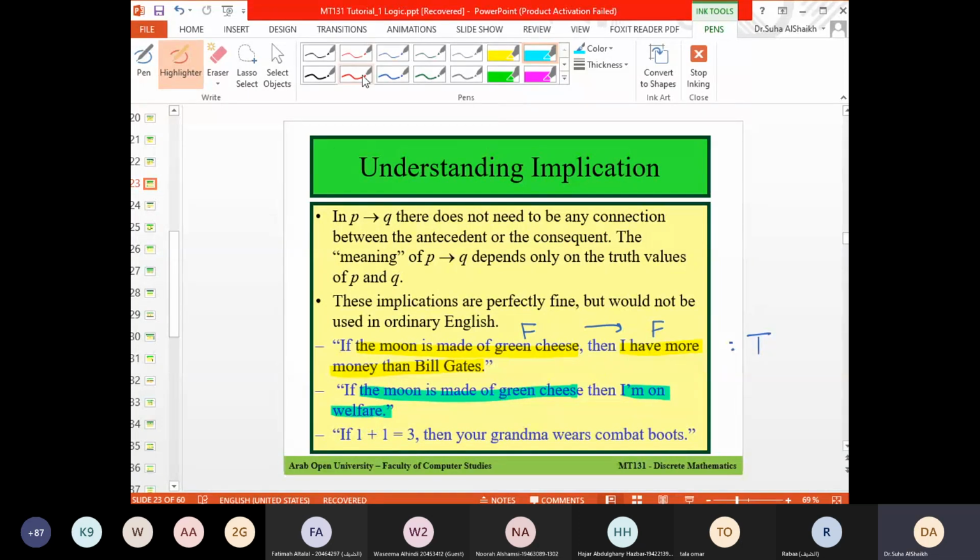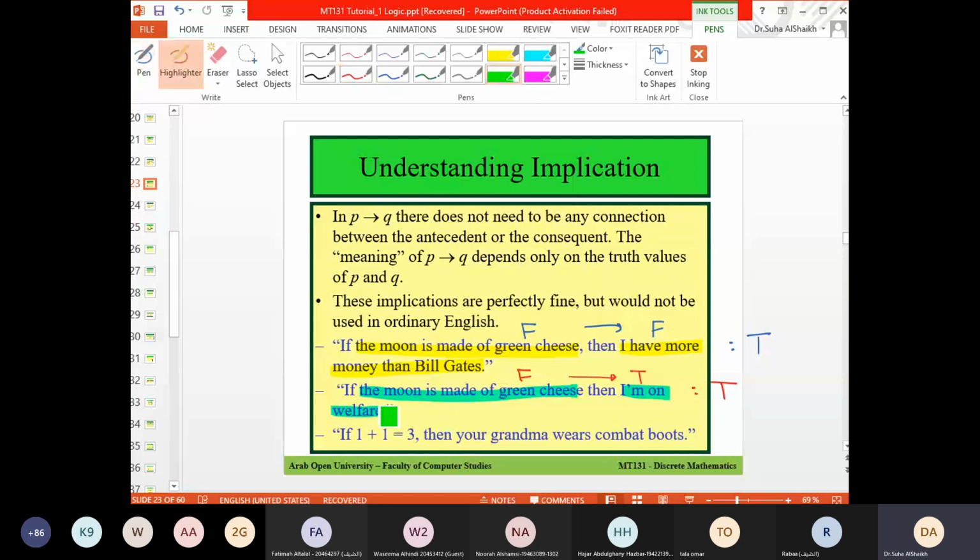So the moon is made of cheese. Is false. I'm on welfare. Is it true? الحين false رايح للtrue. Is it true or false? welfare يعني good person أو طيب. Good well-being. فthis is true. Logically هذا true. مع أن ما لها معنى صح؟ ولكن it's true.